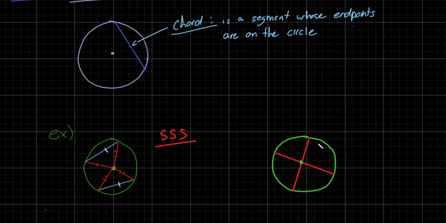Now I have to get the fact that these blue lines are congruent to each other. I know they don't really look like it, but I just drew it poorly.